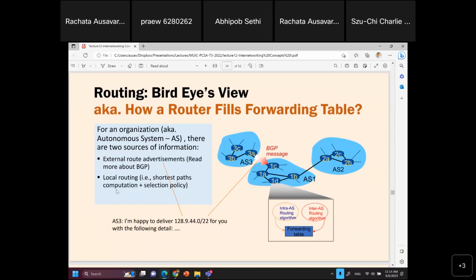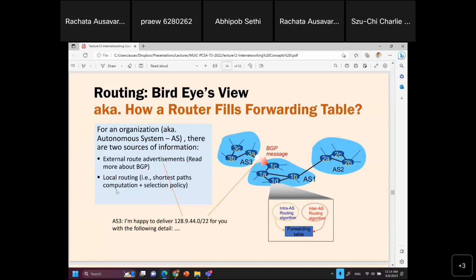Now you have the way to establish everyone's address. The next question is, how do I forward data? How do I know where to go? For an organization, or what we call an autonomous system, there are two sources of information.